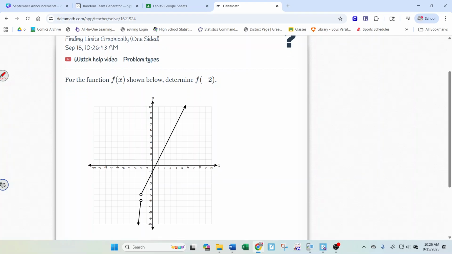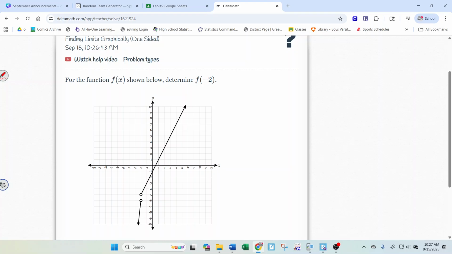What is f of -2? -6. Why? Because that arrow came from that side.